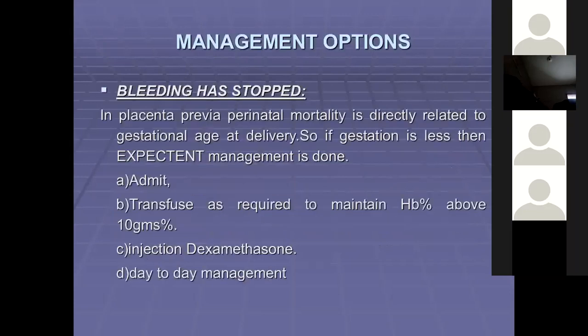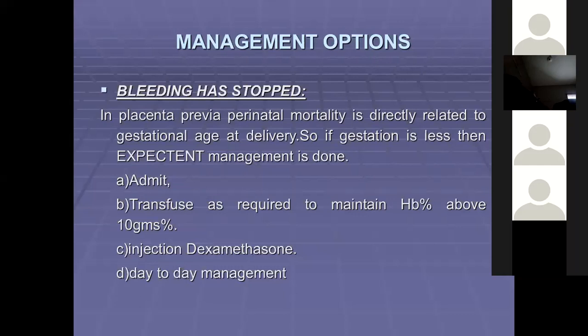So, management options: if bleeding has stopped in placenta previa, perinatal mortality is directly related to the gestational age at delivery. As I told you, most of the time the baby has a risk of prematurity because we make the decision of delivery before the time and we see only the condition of the mother.